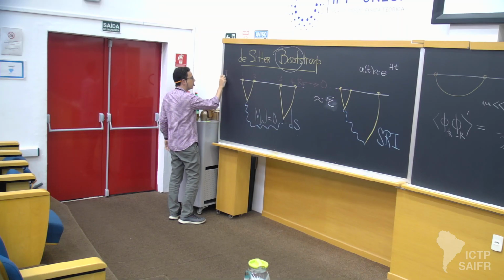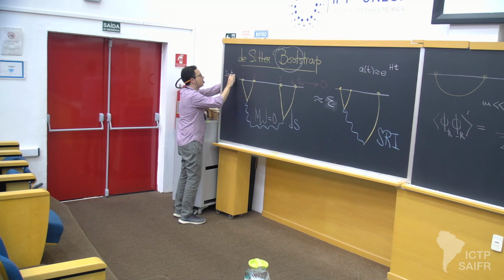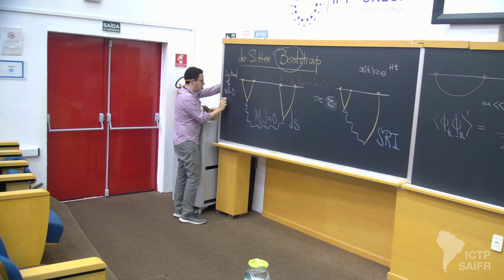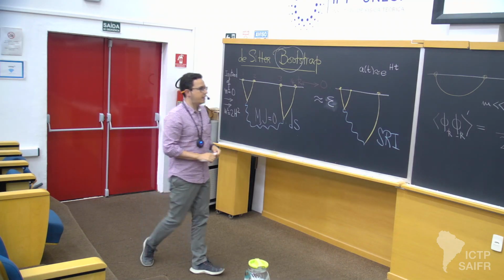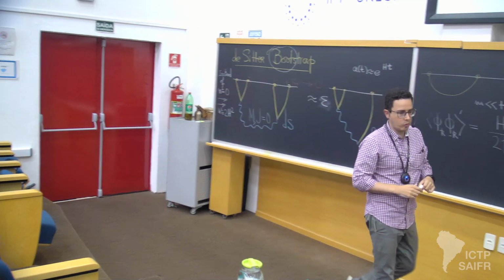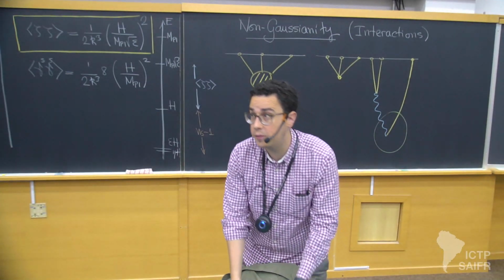Instead of m squared equals 0, I'm going to choose m squared equals 2, which is the conformally coupled scalar. And this is for simplicity. The formulas just look simpler. Of course, in this case, then the signal redshifts away.